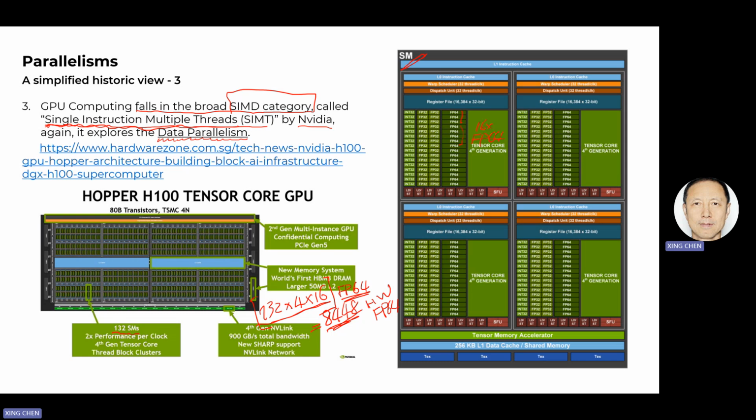But here, you can have much more than one thread per hardware unit.